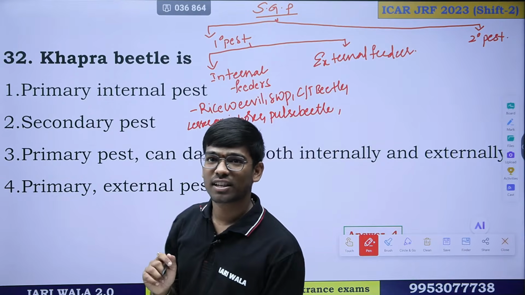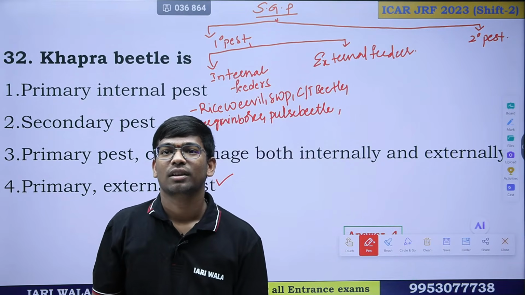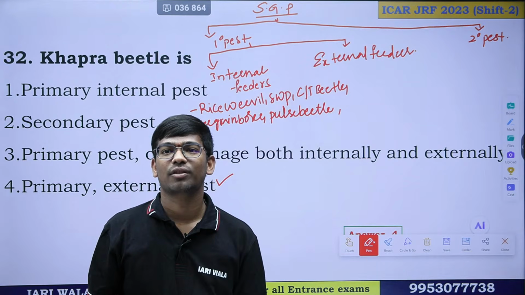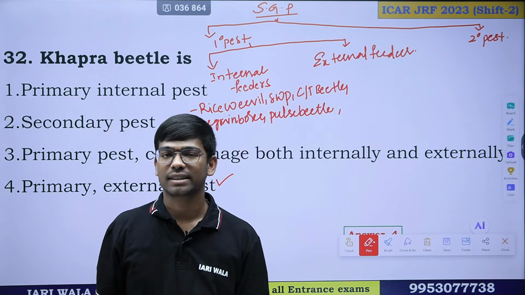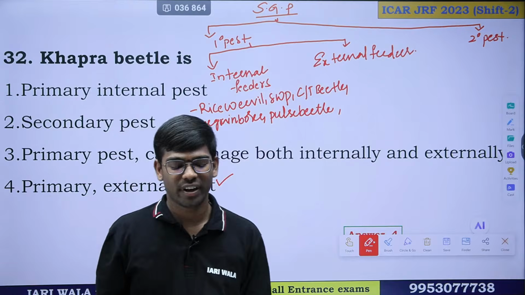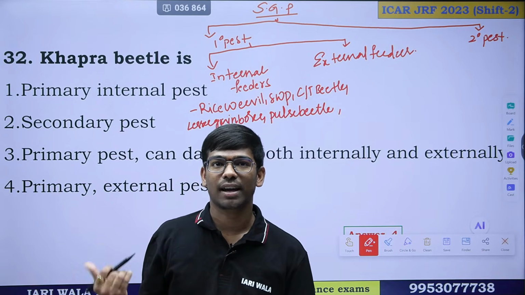Are you able to understand, students? So many of the students gave primary external. Yeah, that's correct. The answer primary external is correct, and we were discussing the rest of the classification.